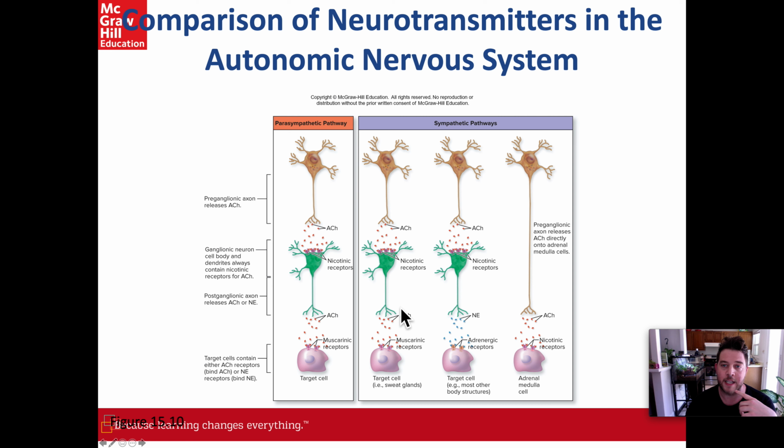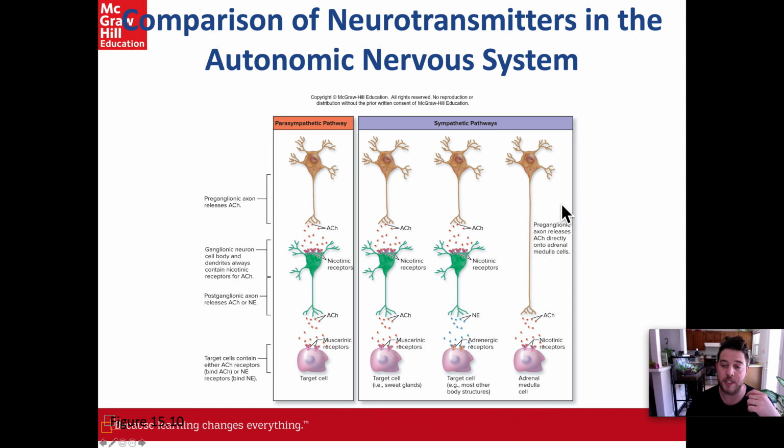Your sympathetic can be cholinergic or adrenergic, right? So you can either have acetylcholine or norepinephrine being released. It just depends on what the target cell is. It's cholinergic when it's releasing to target cells in the sweat glands. For most of the body structures, though, it's going to be an adrenergic response.